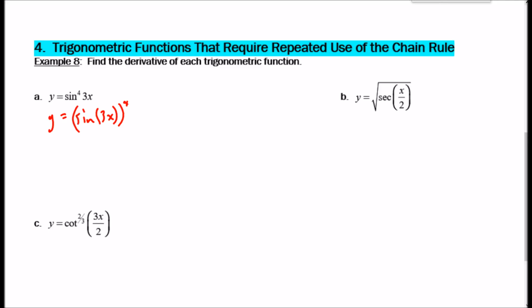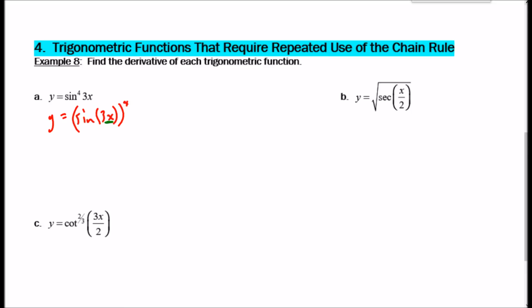So when I put that set of parentheses, you can see now that we have an inner function, which is a linear function, 3x. We have a middle function, which is the sine of the 3x. And then we have an outer function, which is everything raised to the 4th power. So what this means is we're going to have to use the chain rule multiple times.